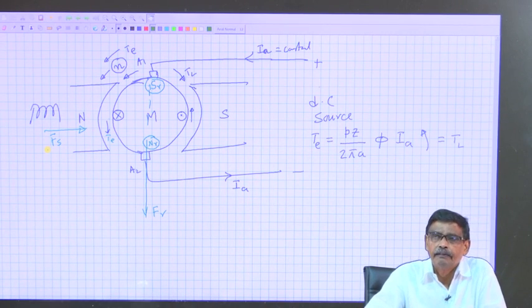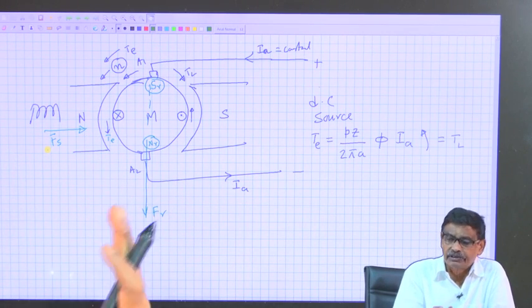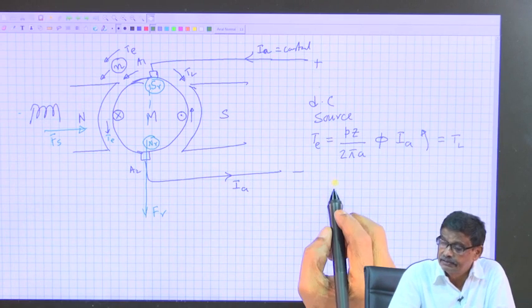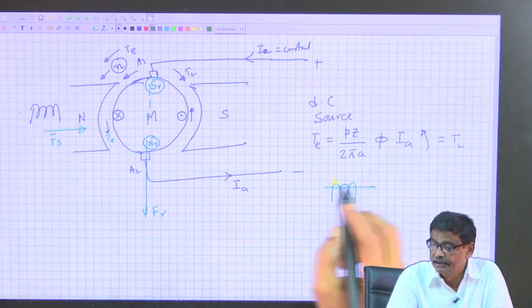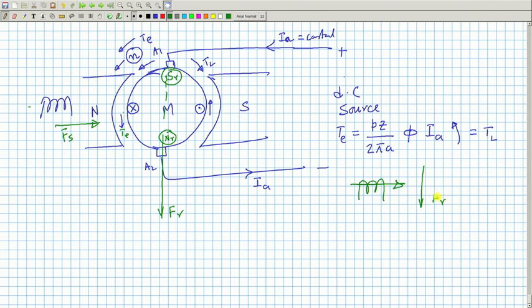Whatever armature field is produced, since it is in quadrature with the field axis, it may point in this direction or the other depending upon the current, but they are at right angles. Therefore, this armature field is not going to disturb your field circuit, because the component of this flux along the field axis is 0. So the interaction of these two fields is not there.